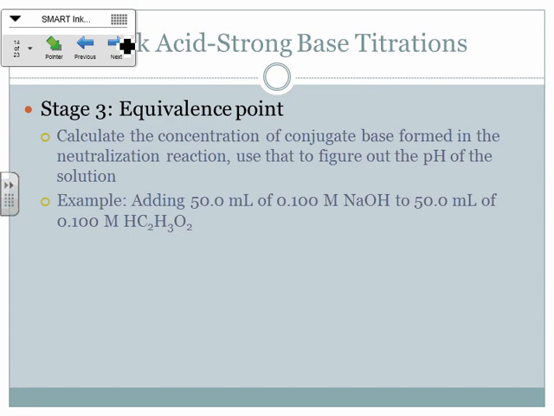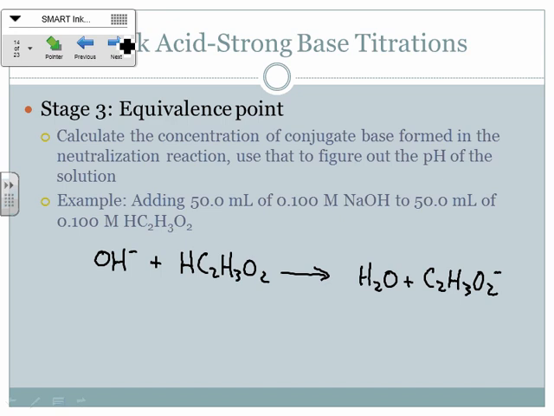We're adding 50 milliliters of 0.1 molar NaOH to 50 milliliters of 0.1 molar acetic acid. Okay, so again, we just write the reaction for this. It's going to be OH minus plus HC2H3O2, and that goes to H2O plus acetate.